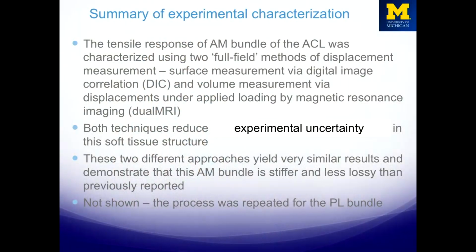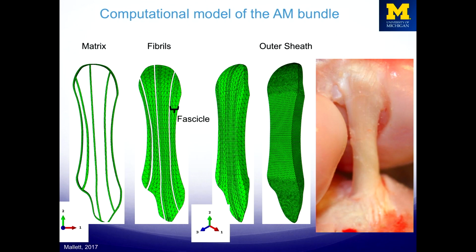Okay, so now we have these data. How do we model it? We have a couple of different approaches here. One approach is to say, okay, I'm literally going to model this thing as a composite. This is the bundle. This is what it looks like. It's got fascicles of collagen with matrix in between them, and then matrix all around it. Moreover, a fascicle is a combination of fibrils, and those fibrils also have some matrix in between them.